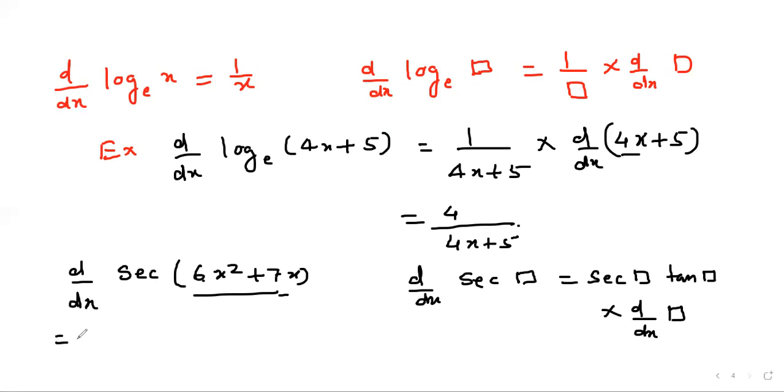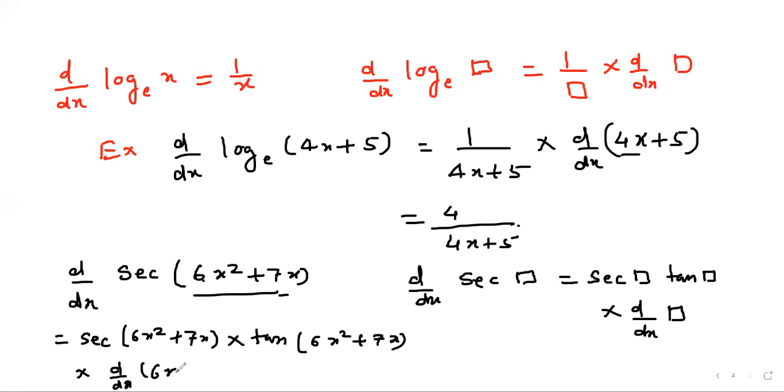So this will become sec 6x squared plus 7x into tan 6x squared plus 7x into the derivative of 6x squared plus 7x, and its derivative will be 12x plus 7. That can be written in the beginning.